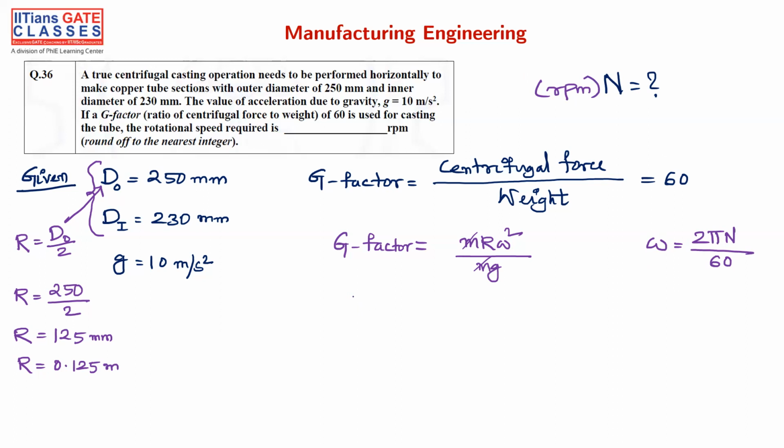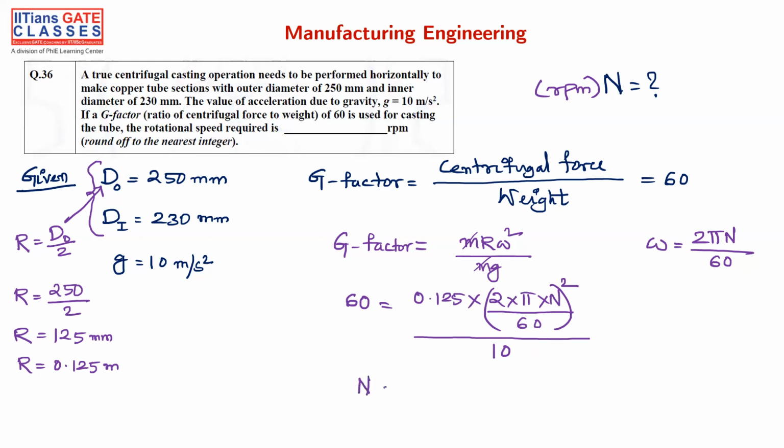The G factor is given as 60. R is 0.125 into omega square, so it is 2 into pi into N divided by 60 whole square, divided by acceleration due to gravity, that is 10. From here we have all the values and we have to find the value of N.